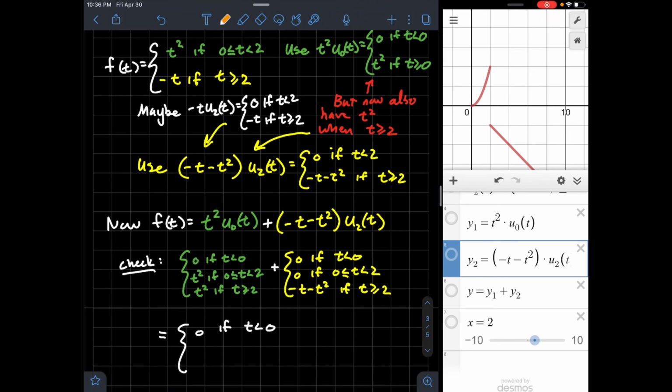Next, t squared plus 0 if t is between 0 and 2, which is just t squared. And last, t squared plus negative t minus t squared whenever t is greater than or equal to 2. When I add these together, the t squareds cancel and you just get the minus t that you want. So that's how you can check your work, check your algebra here.